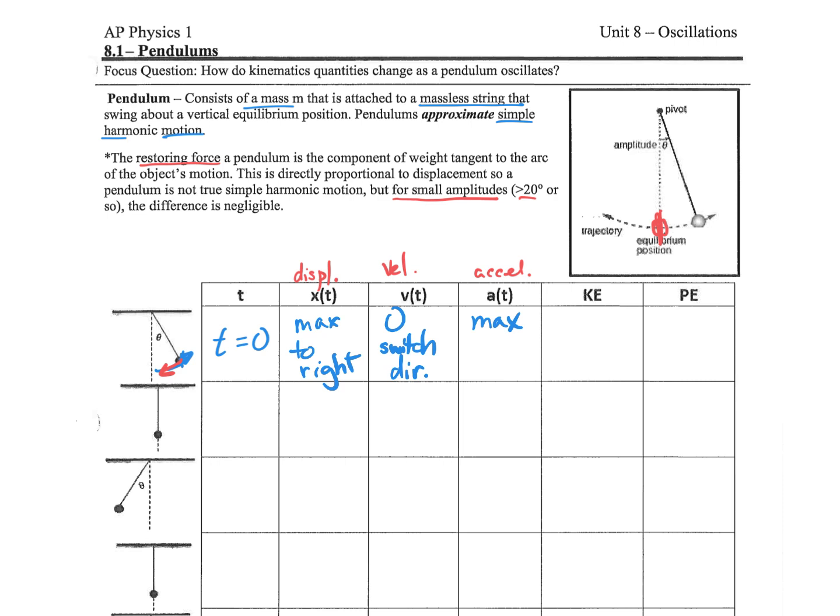To the left. It is max and to the left. Now, let's put the energy graph up. What do we notice about the kinetic energy here? It's at 0 because it's not moving, isn't it? What do we notice about the potential energy? It's at its max. Okay, so now I'm going to let this run until we get to the bottom.